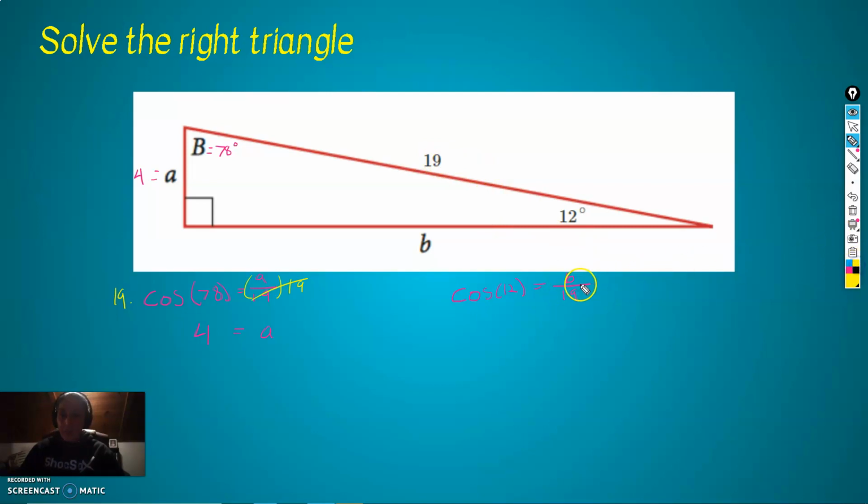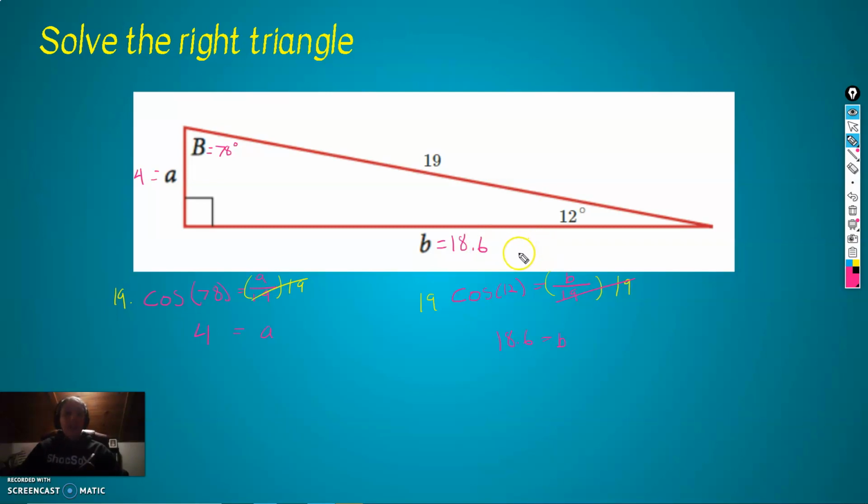Okay, so again, multiply both sides here by 19, and side B in this case is equal to 19 times cosine of 12, 19 cosine 12, 18.6. And we're all the way solved out.